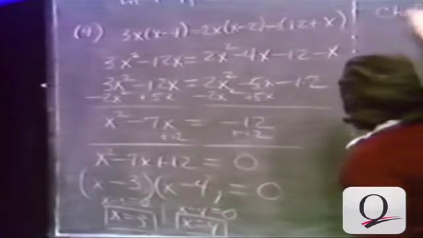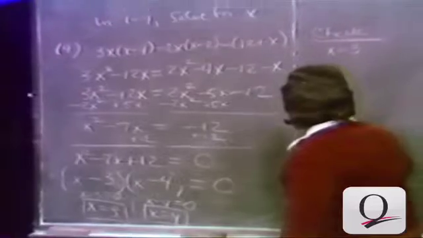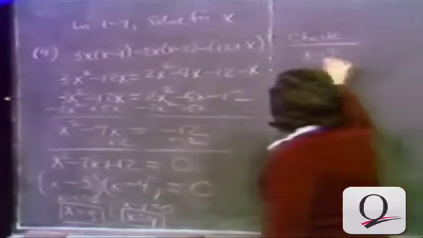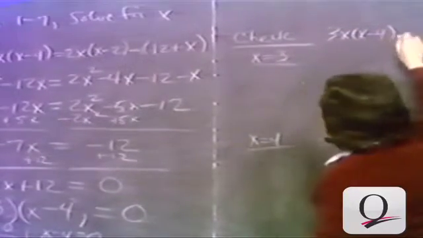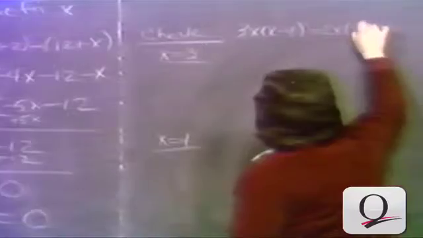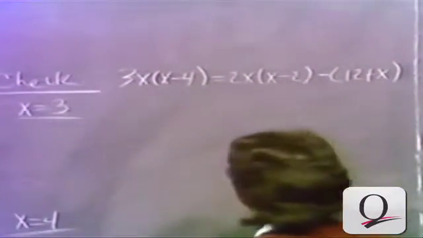Let's try to do that. We have x equals 3 and x equals 4. The original equation, of course, is 3x times x minus 4 equals 2x times x minus 2 minus, in parentheses, 12 plus x.